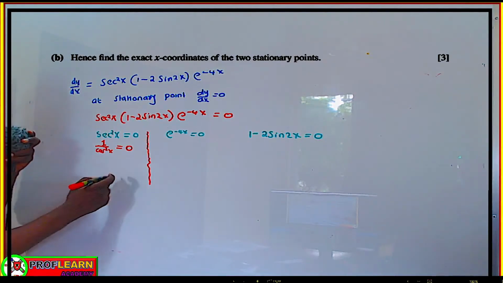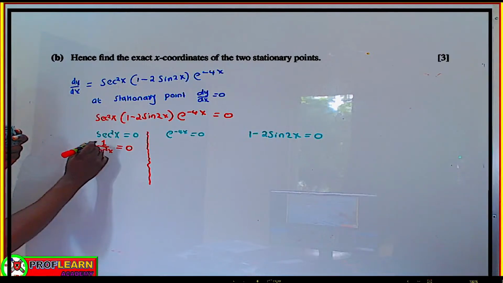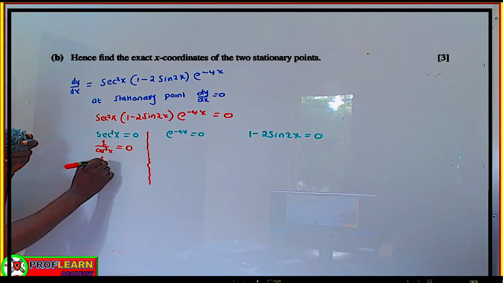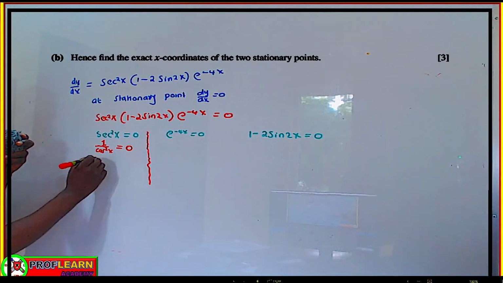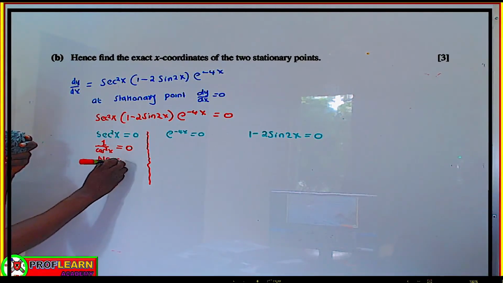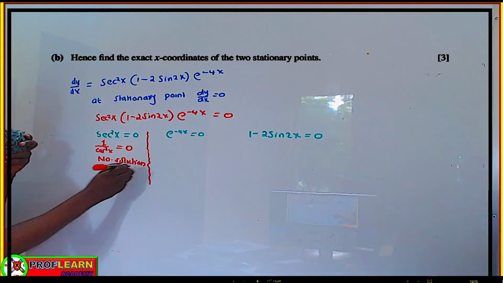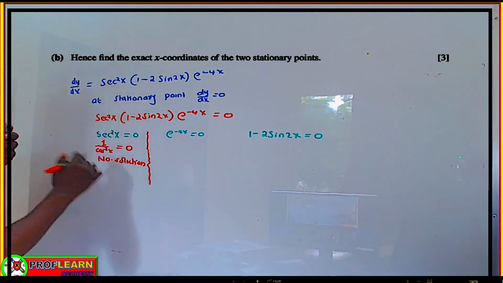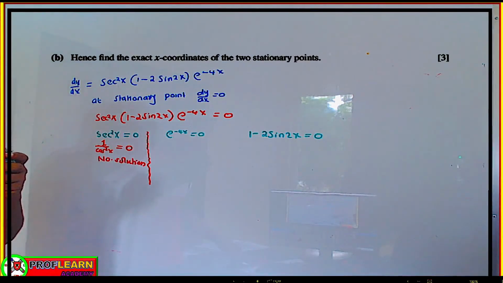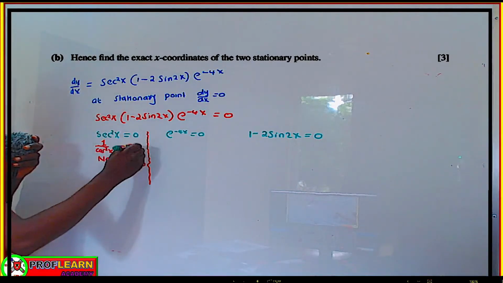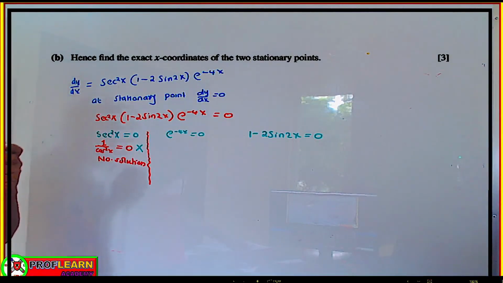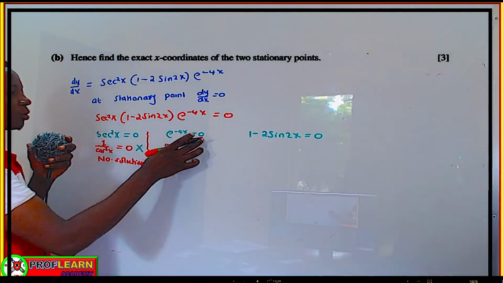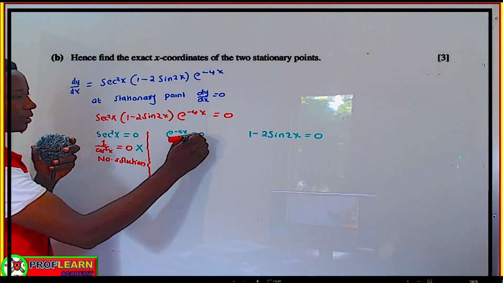At this point we can say there's no number you can divide 1 by in order to get 0. So there is no solution, because there's no number where you can say 1 divided by that number gives 0. So at this point, we are not going to continue with that. And with this one here, there's no number you can raise by an exponent in order to get 0 as well.